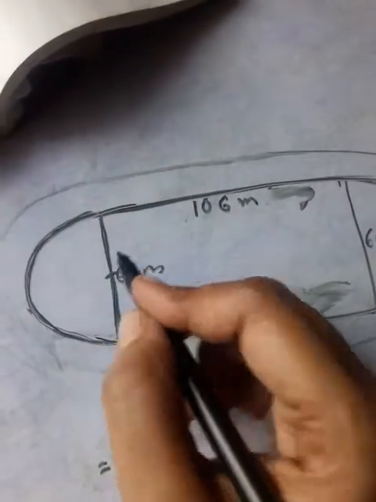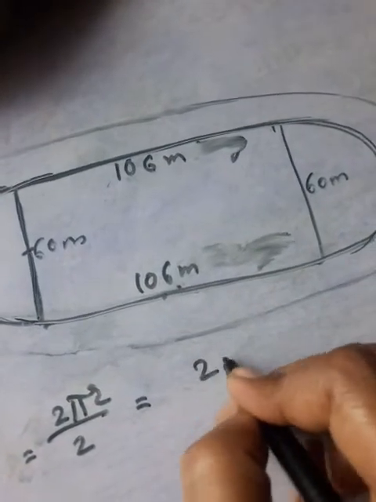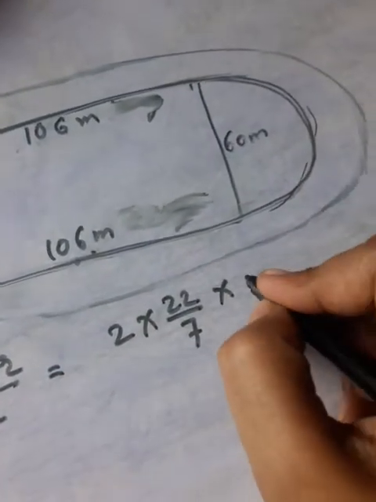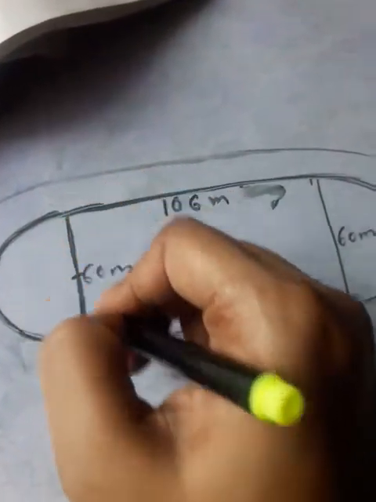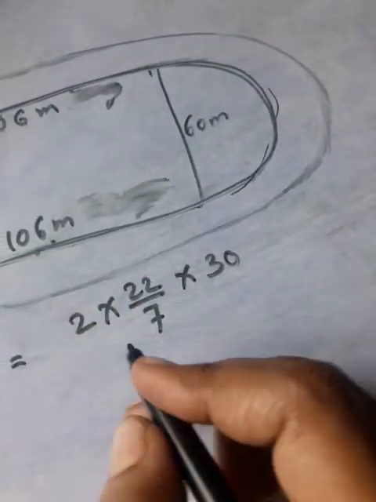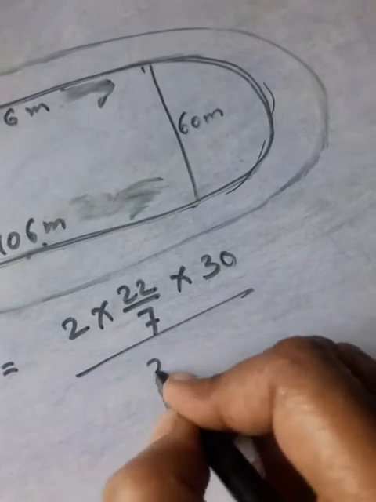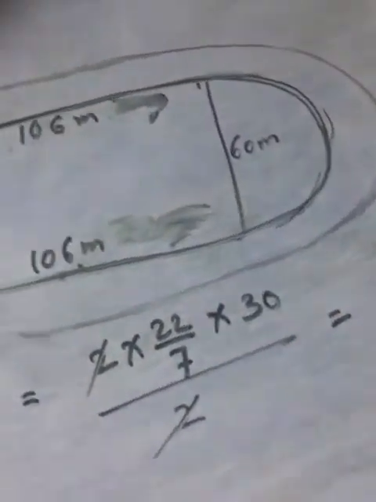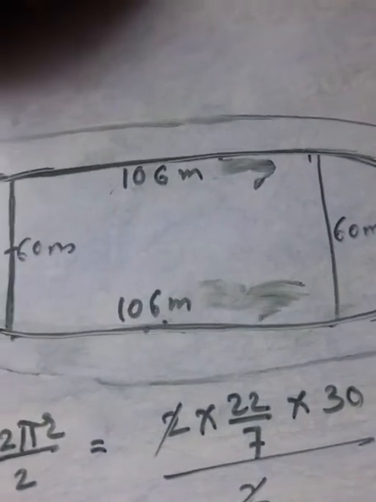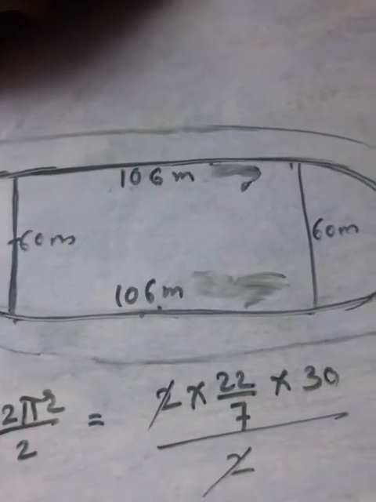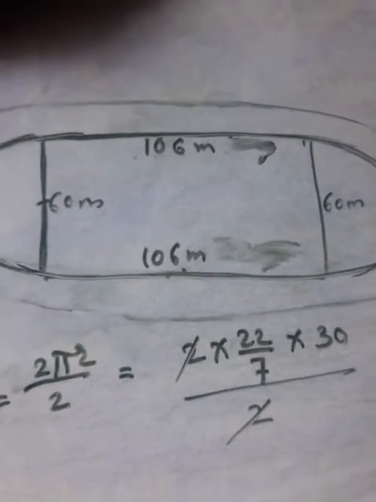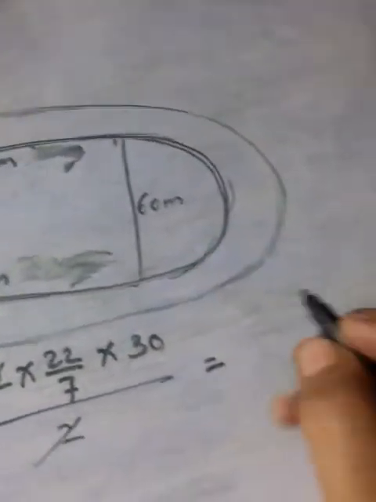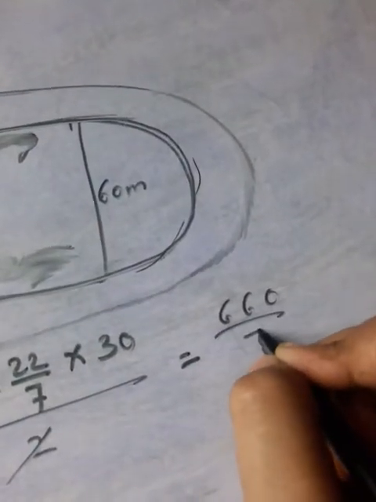The radius is 30 here, so 2 into 22 by 7 into 30, because this part is 60, so half of this is the radius, 30, divided by 2, then the 2 gets cancelled. So the circumference of the inner semicircular end is 6660 by 7.